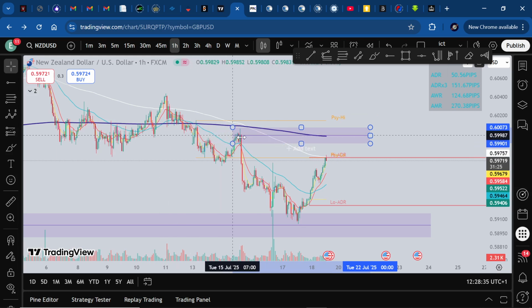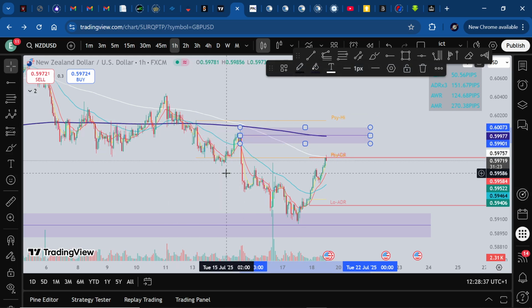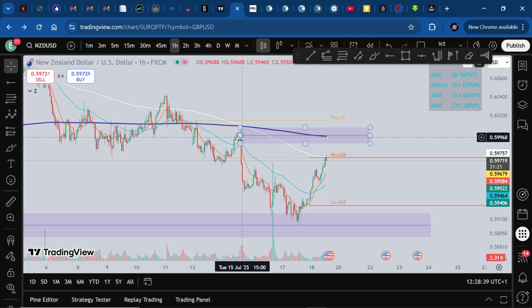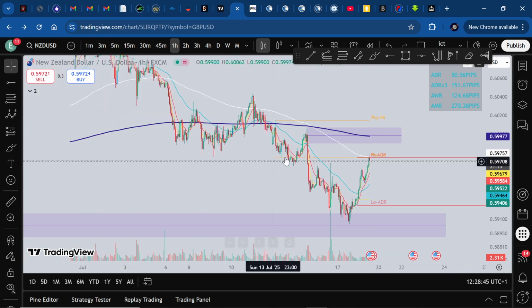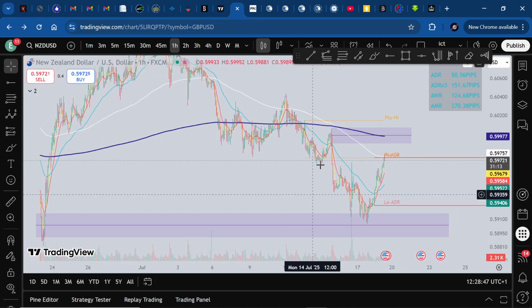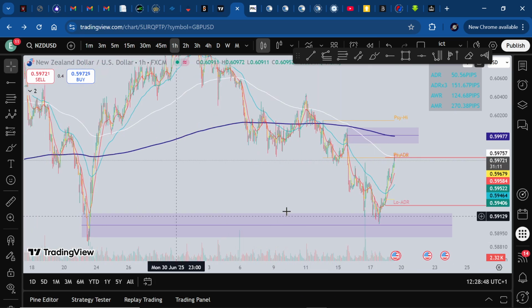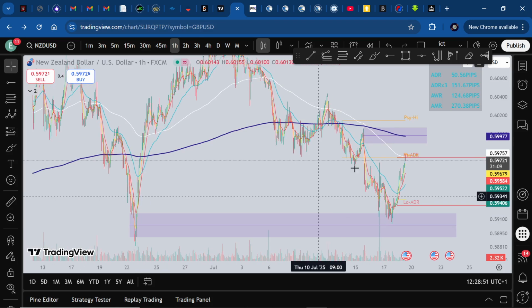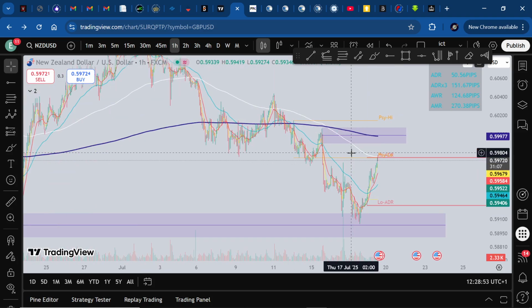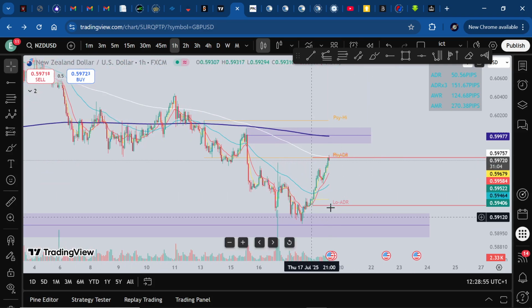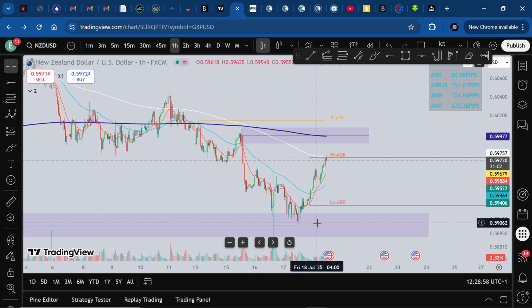This is the imbalance. This is the supply zone, and it created a new low in the market. And in this range coming down, it tapped into the demand, and immediately went and broke structure to the upside. We got reaccumulation in here as well. So yeah, upside.